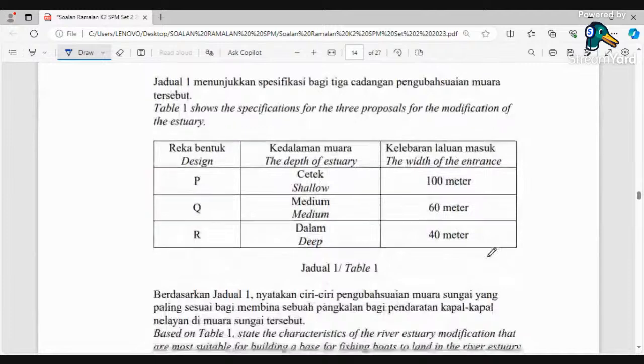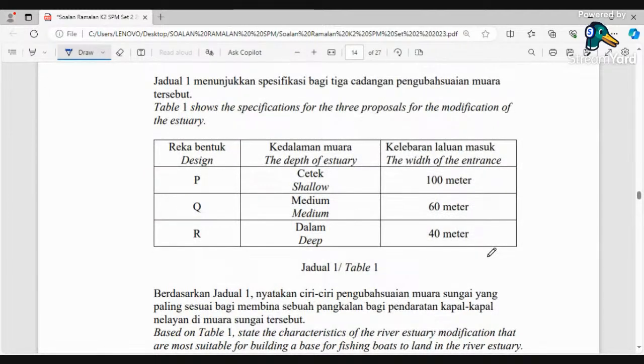Okay, soalan sini. So we have PQR, depth of estuary, and width of entrance. Okay, tengok yang mana kita nak. Depth of estuary, dia nak deep lah sebab lebih banyak ikan kan. So kita remove kan. Okay, width of entrance kita nak small.